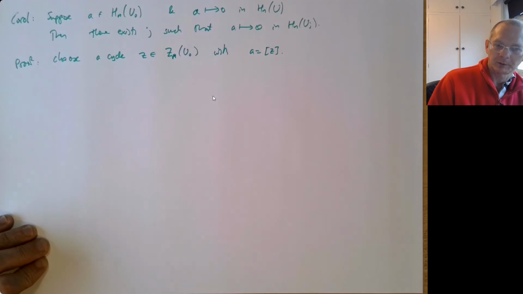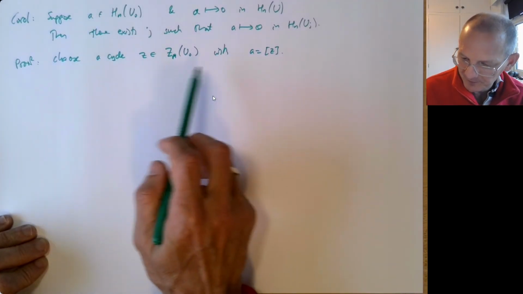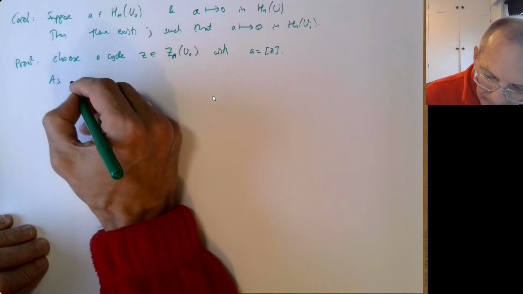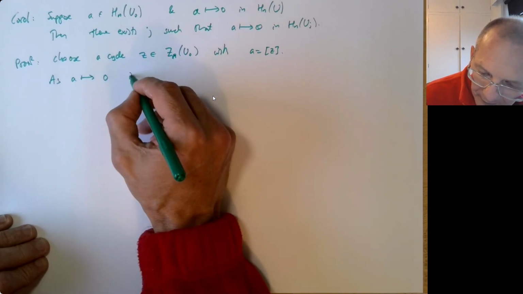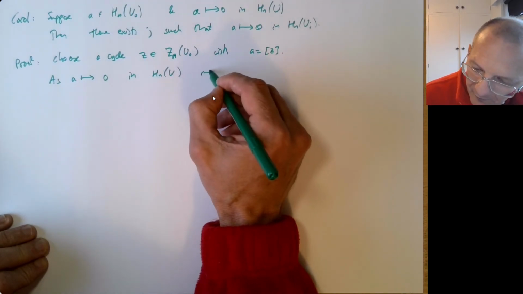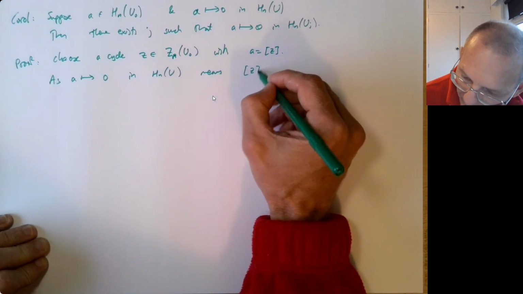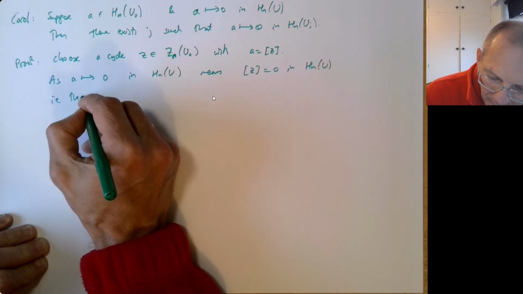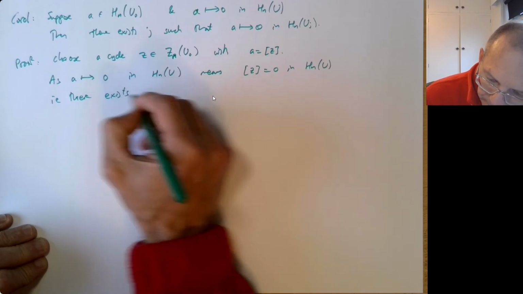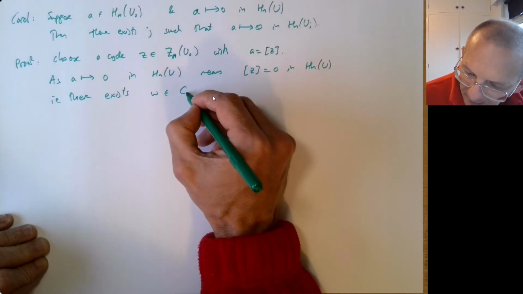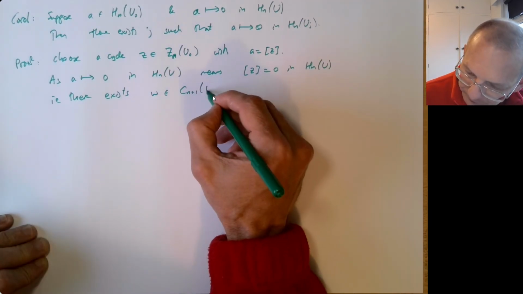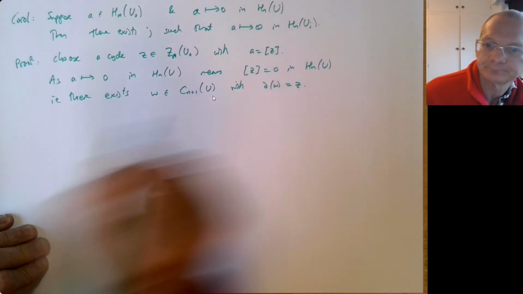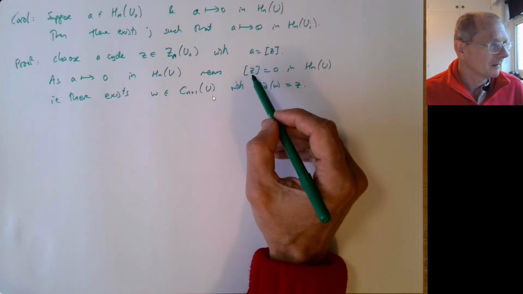To prove that, we've got this class in homology, so we choose a representing cycle, Z in Z_n of U_0. But then A goes to 0 in H_n U means that there exists some W in C_(n+1) of U such that dW equals Z. That's what it means to say that this homology class is 0.